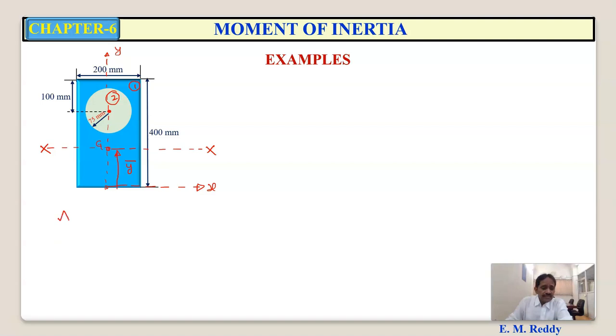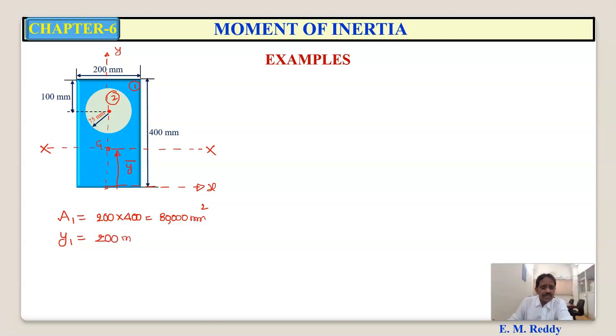So A1, area of the rectangle, 200 into 400, right? So 80,000 mm square. Now y1, distance of centroid of this rectangle from the base. Total height is 400.